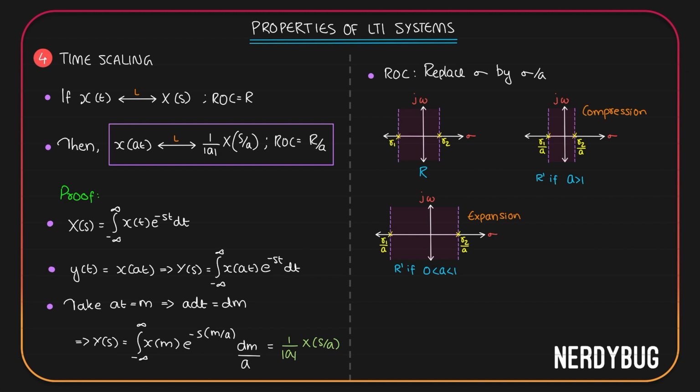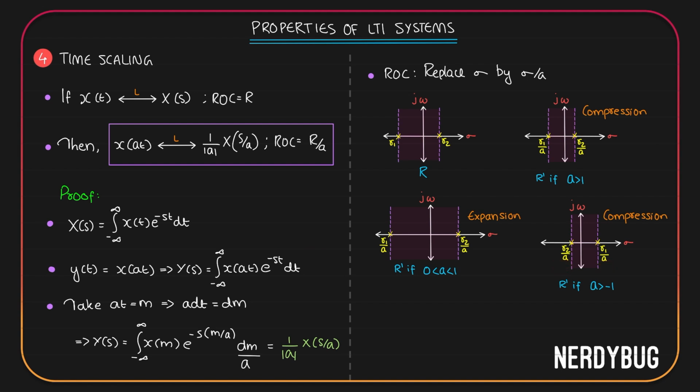Now let us take a negative value for a. Assume a is less than minus 1. In that case, the ROC will look like this. Since magnitude of a is greater than 1, there is going to be a compression. But since it is negative, there is going to be a reversal also. Instead of the ROC being from R1 by a to R2 by a, this is from R2 by a to R1 by a.